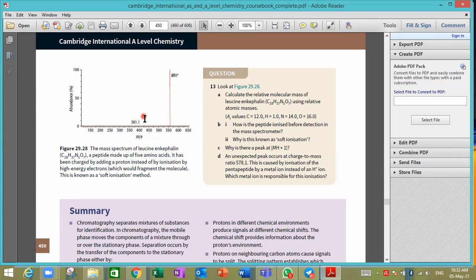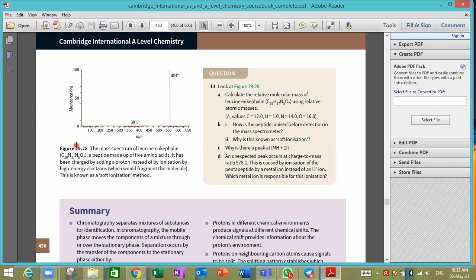Of course, they didn't give us the fragmentation, but from the fragmentation, we can determine which amino acids formed this peptide, polypeptide. Okay. Do you understand, or do you have any question?